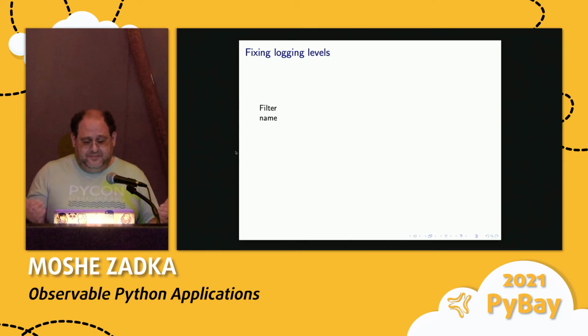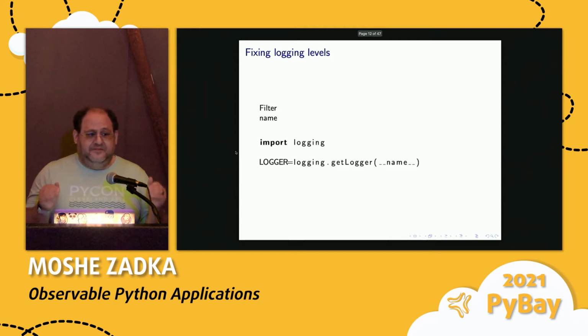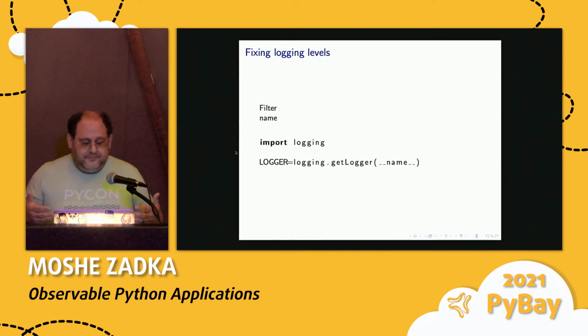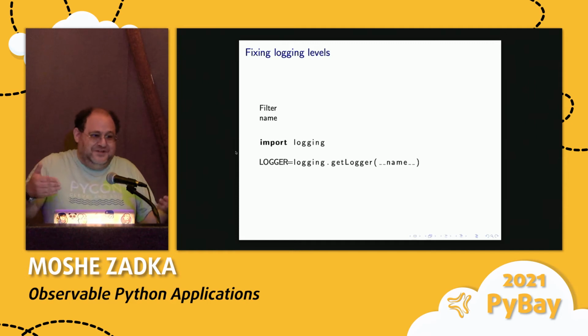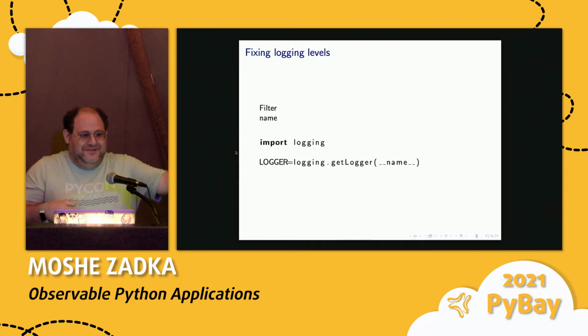The reason we get a reliable name is because this is how almost every Python module starts, somewhere right next to the top: you import a logging library, and then you create a logger that's built on __name__. __name__ is the full path of your Python package, which means if someone wrote a third-party package, that's going to be a different path by definition, because your application files are different from that.